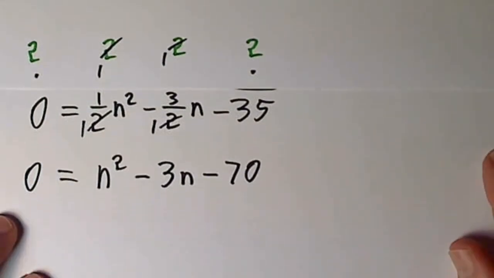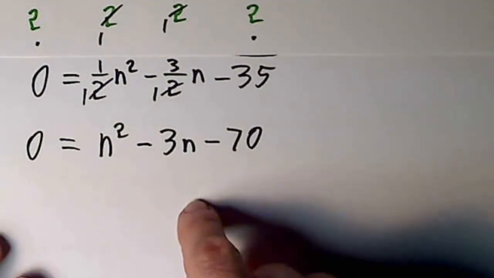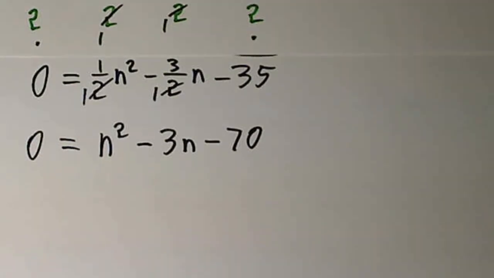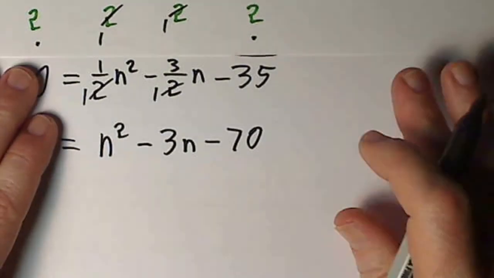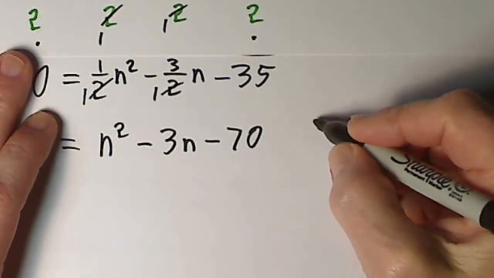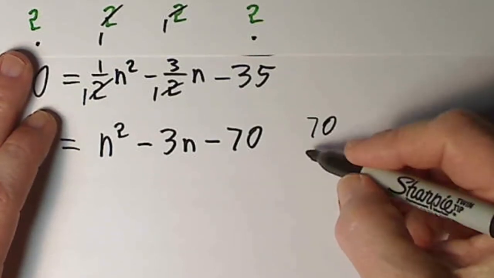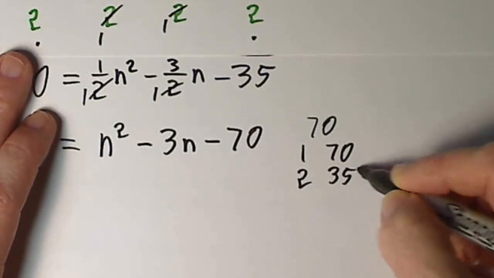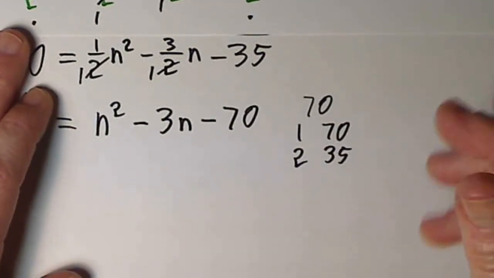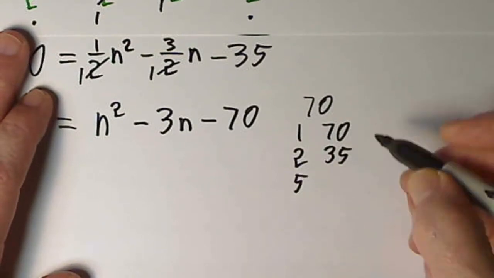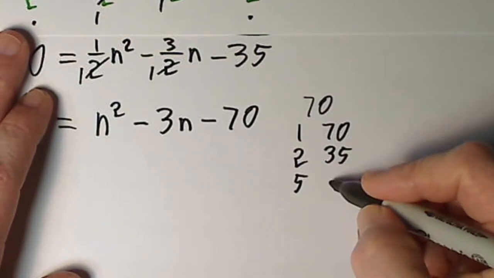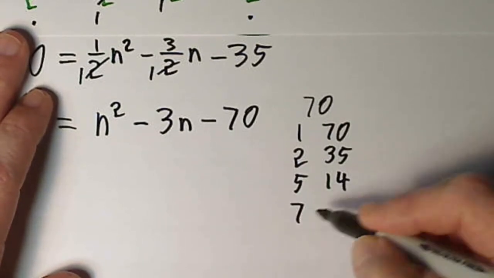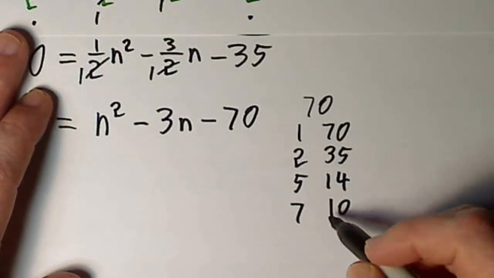So we're trying to solve for n. There's nothing in front of n squared, so I just grab the 70. And list all the factors. 1 and 70, 2 and 35, 3 won't work, 4 won't work, 5 goes in there 14 times, 6 won't work, but 7 times 10, and hey, there's our difference of 3.